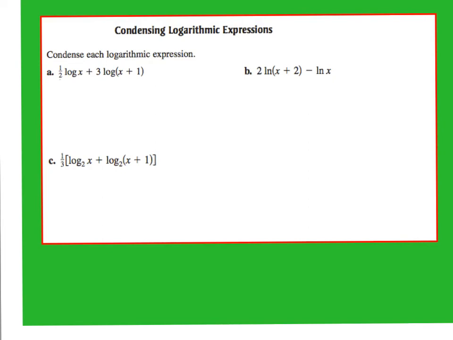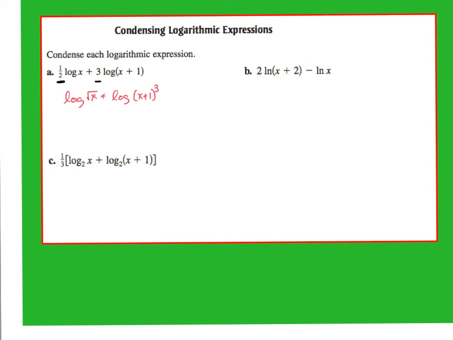All right, so part A, I have 1/2 log of x plus 3 log of the quantity x plus 1. Well, these little things right here, these 1/2s and these 3s are actually what? They're actually exponents. They're powers. All right, so if I put them back in, now I have log of square root x, and then plus log of x plus 1 cubed.